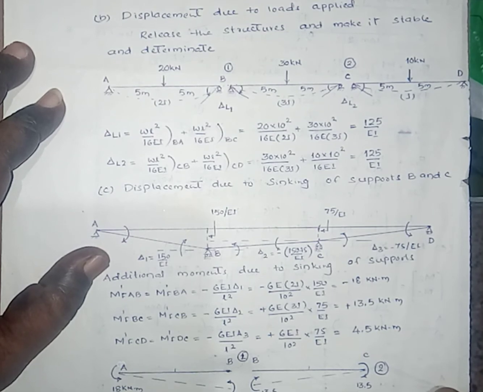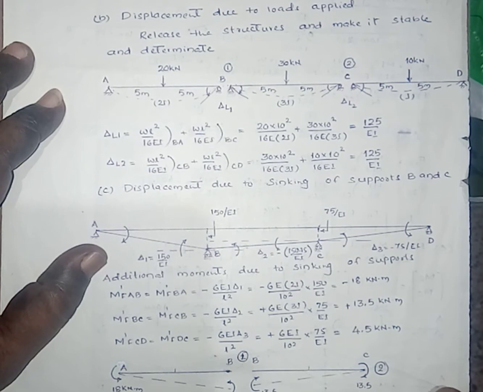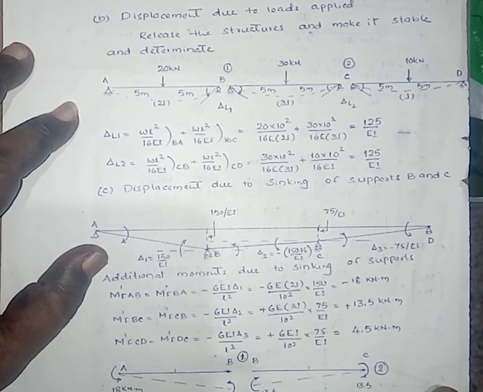Then M dash FCD equals M dash FDC, that equals minus 6 EI delta 3 by L square. Then by substituting the values, minus 6 EI into minus 75 by EI divided by 10 square, minus into minus becomes plus, that is 4.5 kilonewton meter.